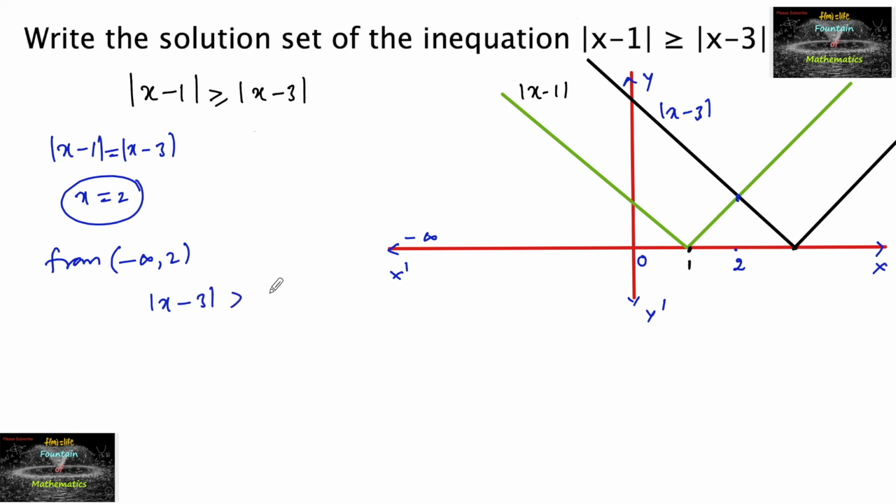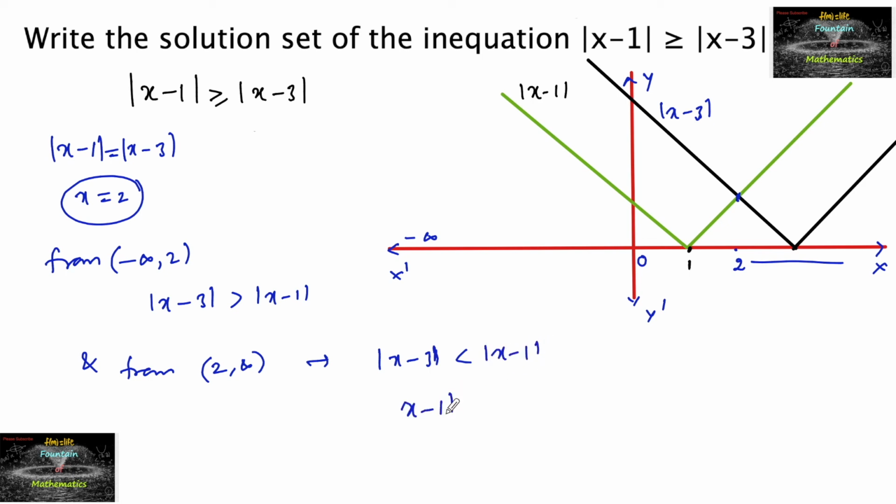is greater than mod of x minus 1, right? And again, from 2 to infinity, from here onwards, you can see that this green color line is more than the black color one. So from 2 to infinity, mod of x minus 3 is less than mod of x minus 1, or we can write mod of x minus 1 is greater than or equals to mod of x minus 3.